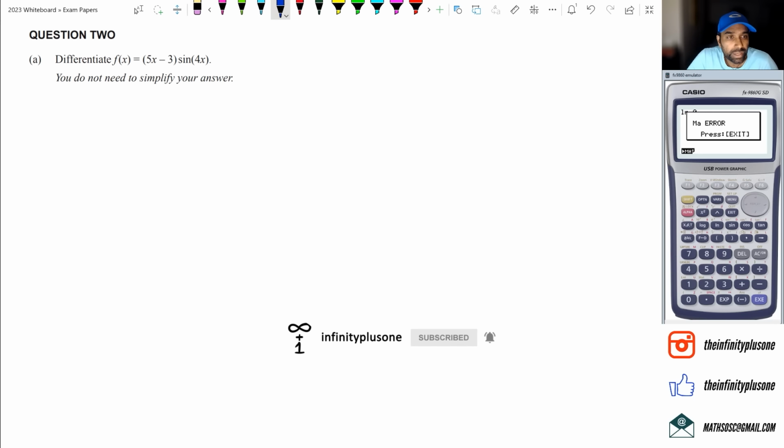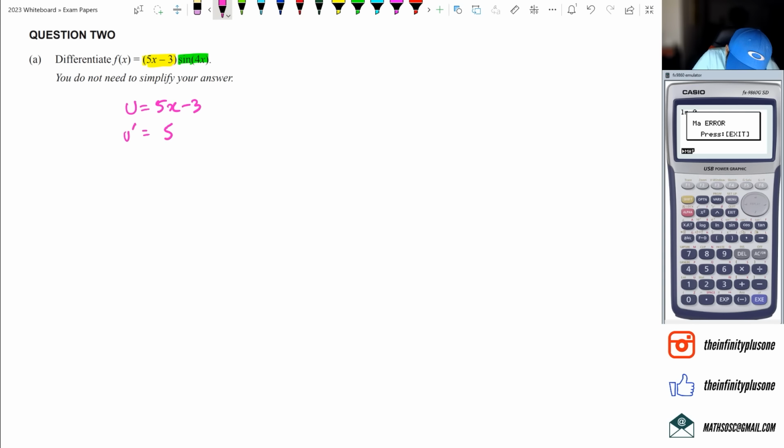Alright guys, with question 2a, what we've got is differentiate f of x. So we've got a product rule, recognizing that we've got one product here and the other one there. So u is equal to 5x minus 3, and u dash is equal to 5. Then v is equal to sine 4x, and v dash is equal to cos 4x, and of course don't forget to multiply by the differentiation of the bracket, which is 4.